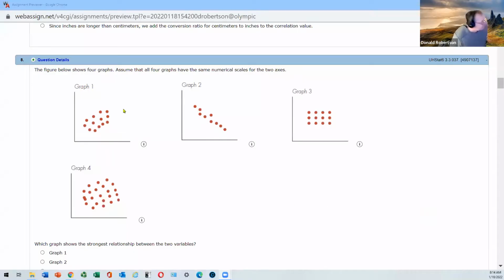Now you don't need to do any real numbers with these, but here are 4 sets of data. Which one of those has the strongest relationship? Graph 1, 2, 3, or 4. Strongest relationship. 2. I'd agree.